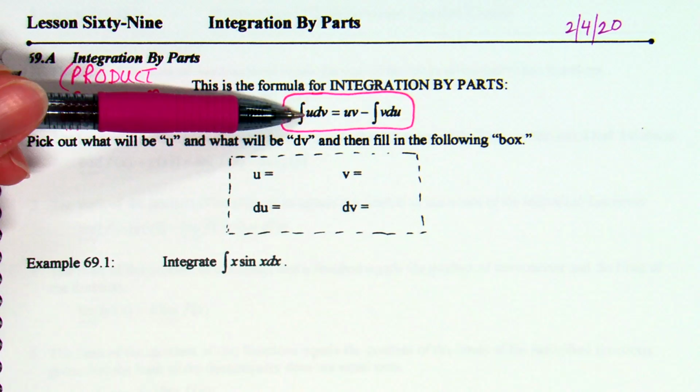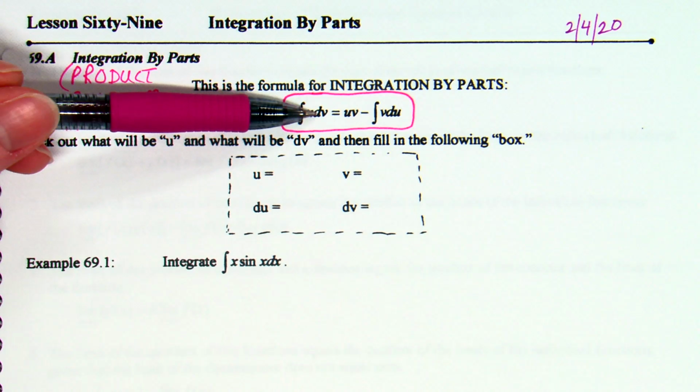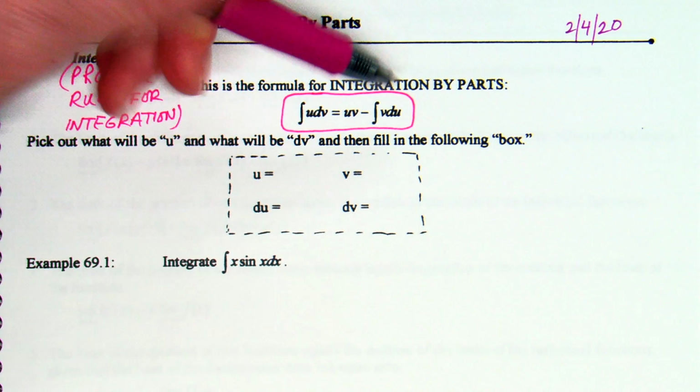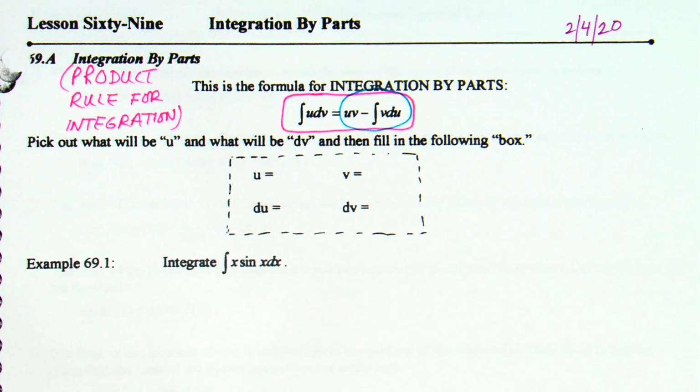Once we pick out what we want to use as u and what we want to use as dv, we can then find u and v, and we can fill in our formula here. So the formula we'll be filling in is uv minus the integral of v du. Okay? So every problem we do today, I'm going to be setting up a box here.